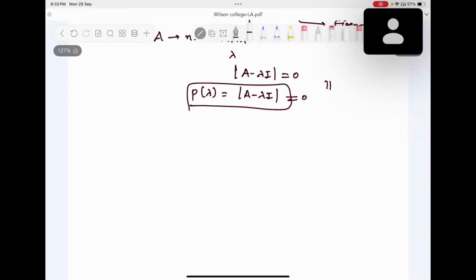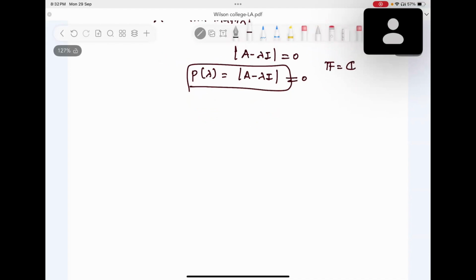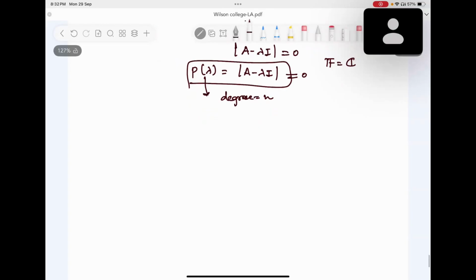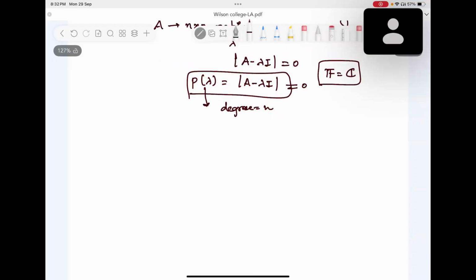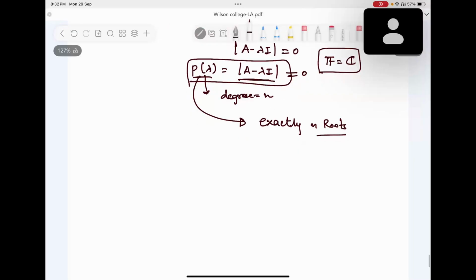If your field is complex, then by the fundamental theorem of algebra, the degree of this polynomial will be n. So this polynomial has exactly n roots, and you will have exactly n eigenvalues.